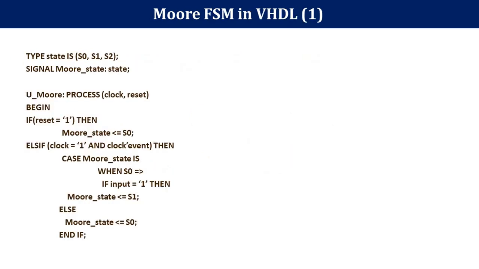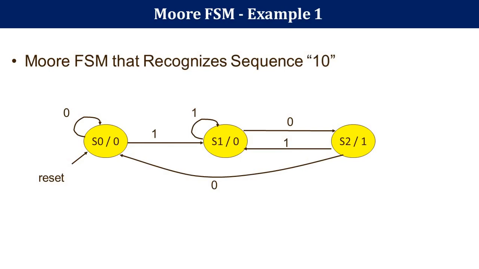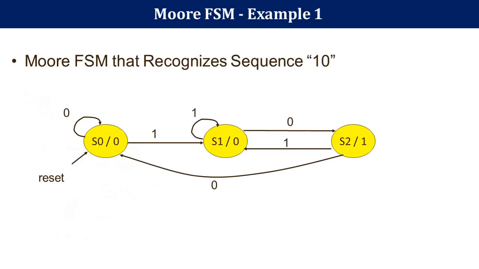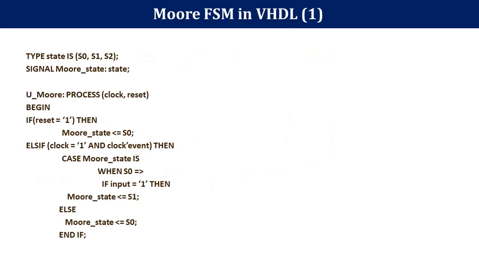Else if clock'event and clock equal to 1, then we will check one by one, when the state diagram is in a state, using the case statement, a sequential statement. Case Moore state is when S0, at that time we will check the input, whether input is 1 or 0.